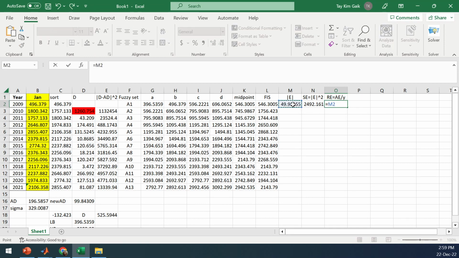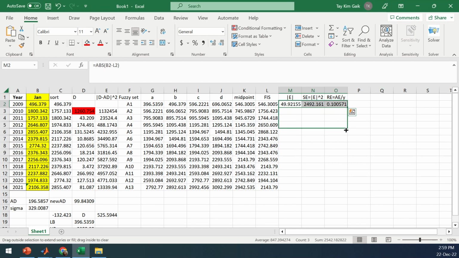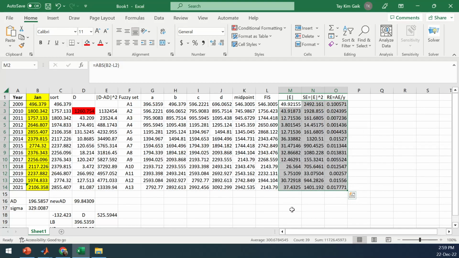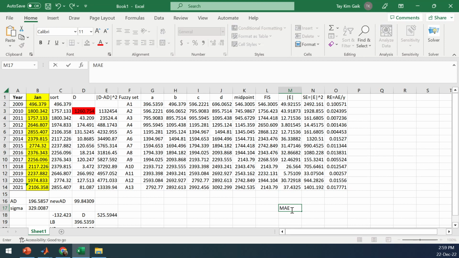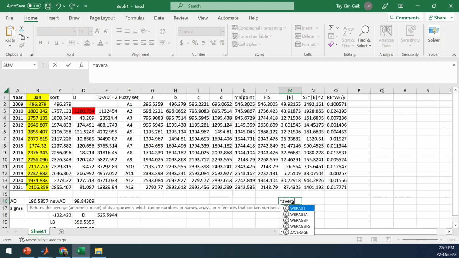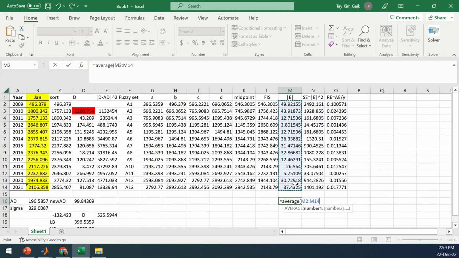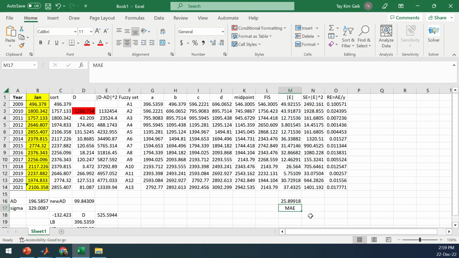Then you can copy it down. When you average your absolute errors, you get the mean absolute error.